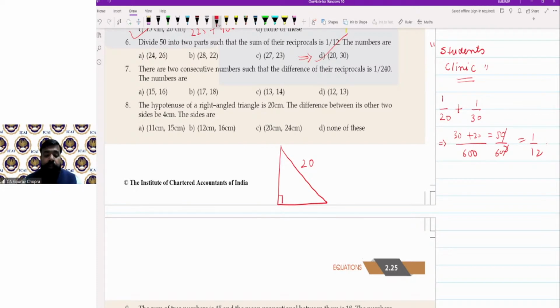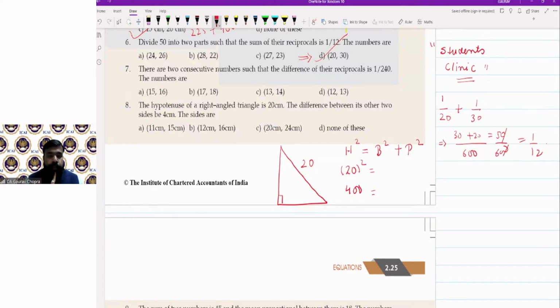Now there is one simple formula in right angle triangle which we say as Pythagoras theorem. Hypotenuse square is equal to base square plus perpendicular square. So this is the formula. So we are having hypotenuse square, that is 20 square, it should be 400.